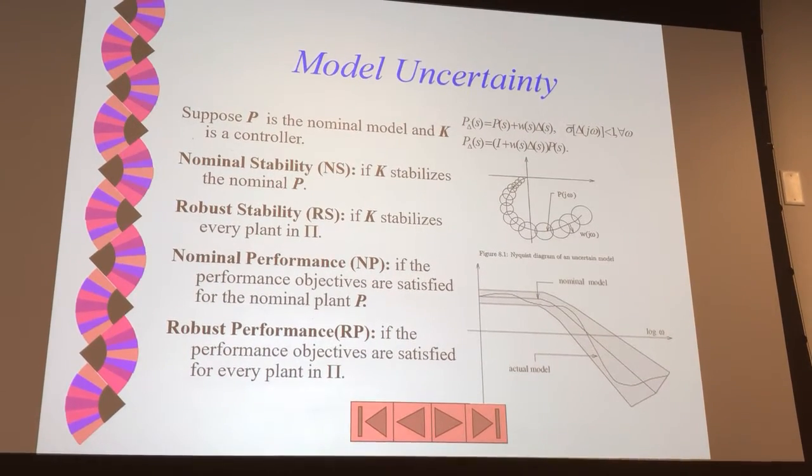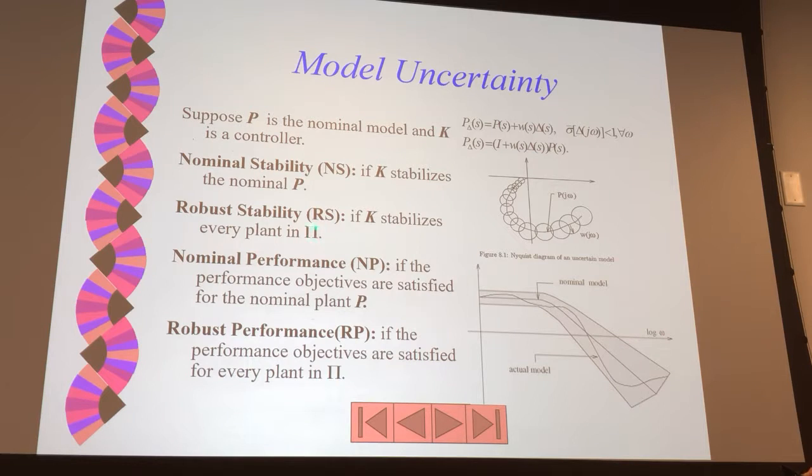What is robust stability? Is K stabilizing every plant? How many of them? Most likely infinitely many in this Pi, okay? While this Pi is a set of all models.